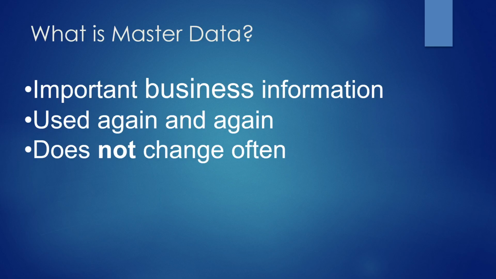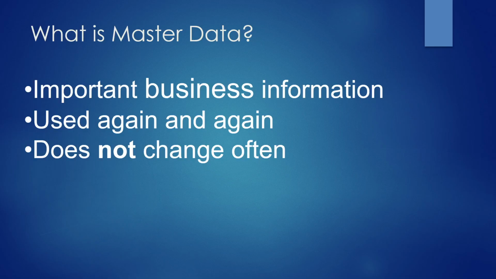So master data stays in the system. It does not change often. For example, the customer name doesn't change, the customer address maybe, but could have multiple different shipping addresses. But in the main context, the name of the customer, address, and these kinds of things are not changing often.